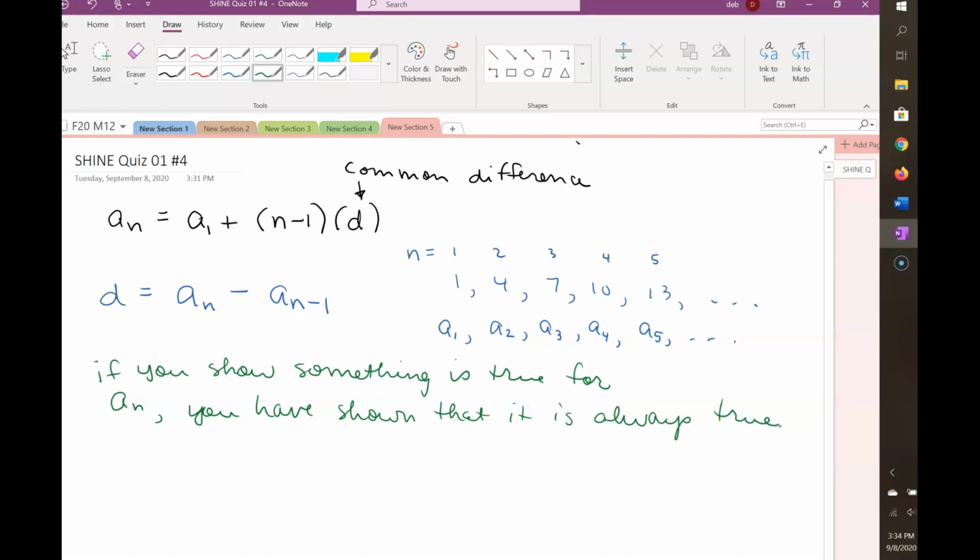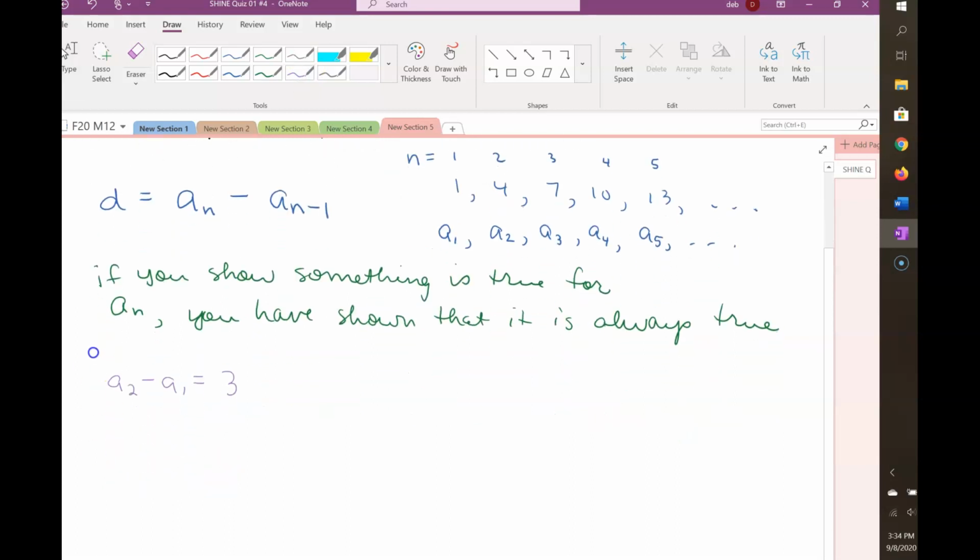I can see by looking at what I've written here that a sub 2 minus a sub 1, sure enough, is 3. And a sub 3 minus a sub 2, yep, that's 3. A sub 4 minus a sub 3, yep. But that only shows it's true for the first 5 terms. It doesn't show it's true for all.